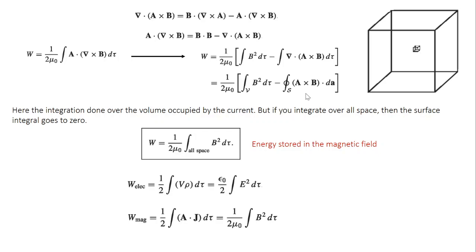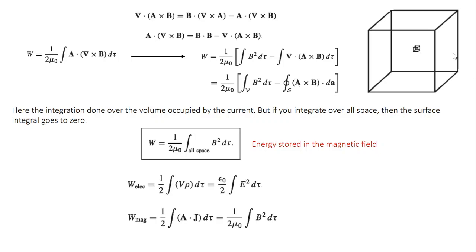What about the surface integral? Once again, what is the surface we are talking about? It is the boundary surface, the boundary of this large cube. As you can make out from the figure, the boundary surface is far away from the small cube. As the distance increases, the magnetic field strength and magnetic potential both go to 0.